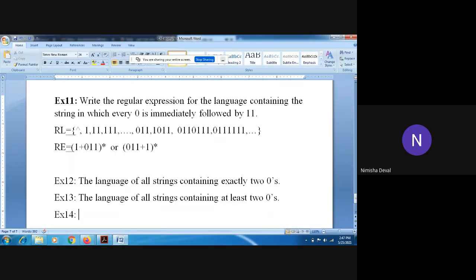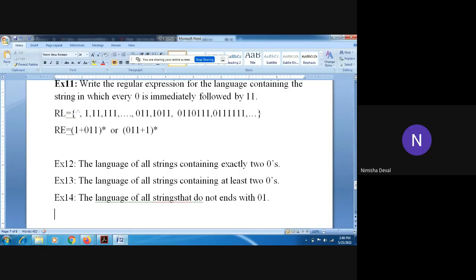And one more statement: the language of all strings that do not end with 01. Now you can easily solve this substring related example. So I will give you here one simple example also.